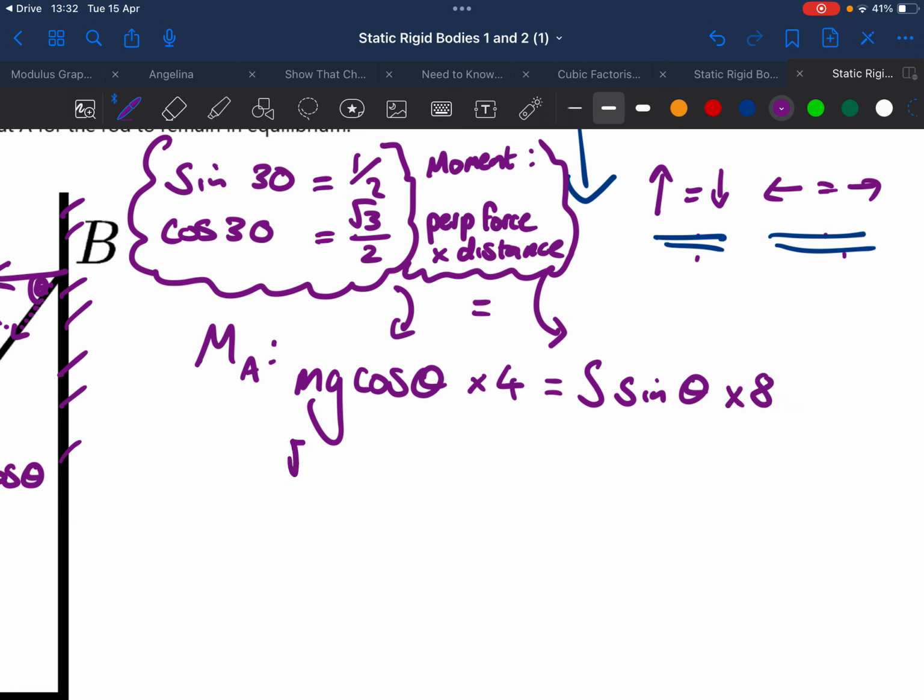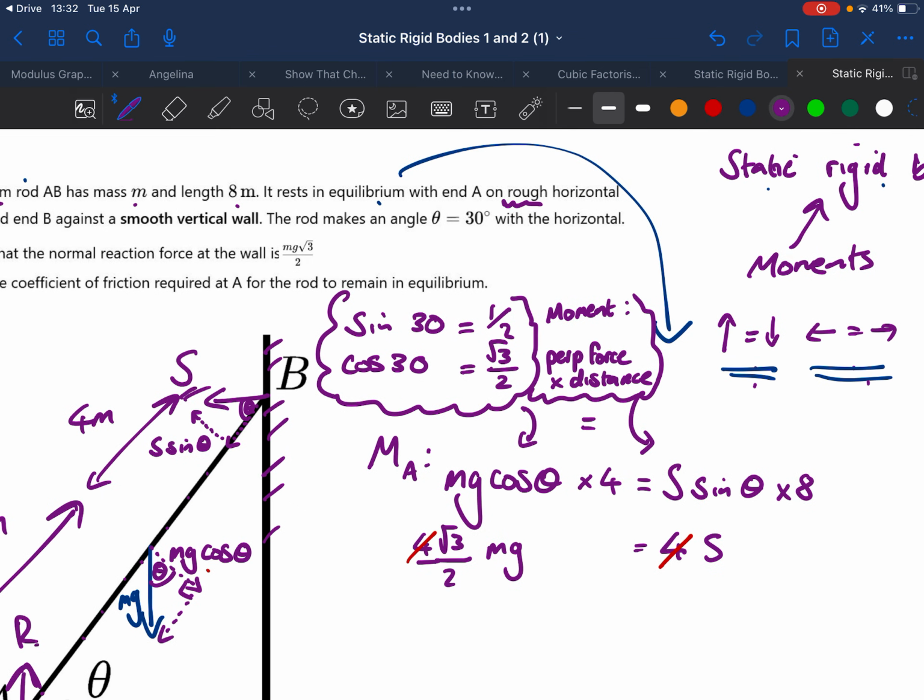So now let's clean this up a little bit. I'm going to put root 3 over 2, or should we even put 4 root 3 over 2 mg equals over here an 8, and a sine theta is a half, so I'm going to write 4S. And finally, those 4s cancel, and you can see that that leaves me with root 3 over 2 mg, which is what S is.